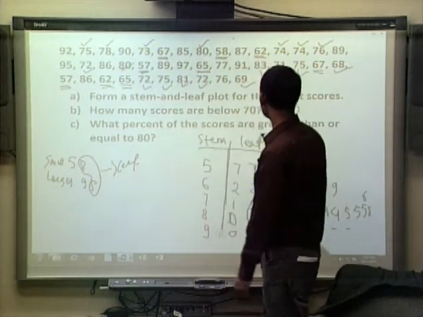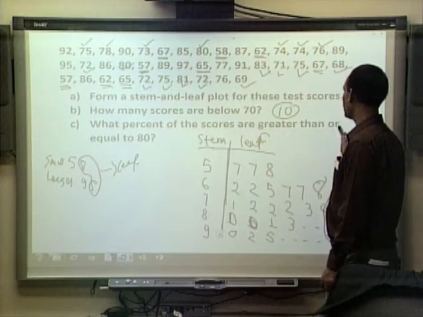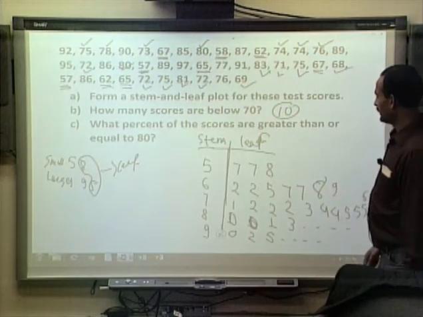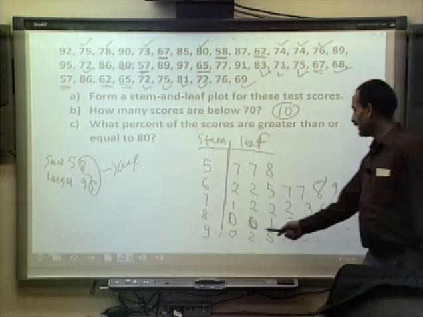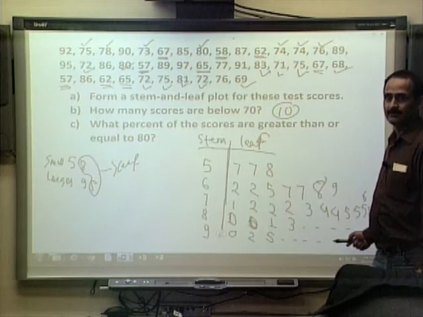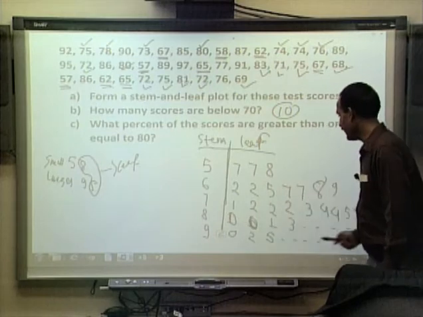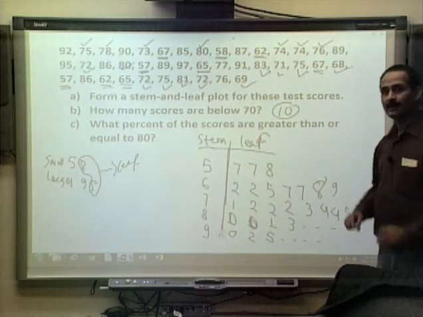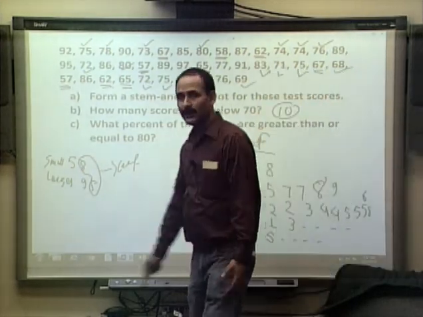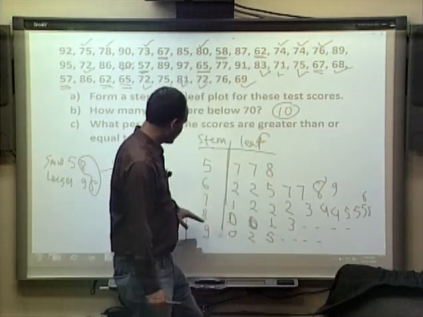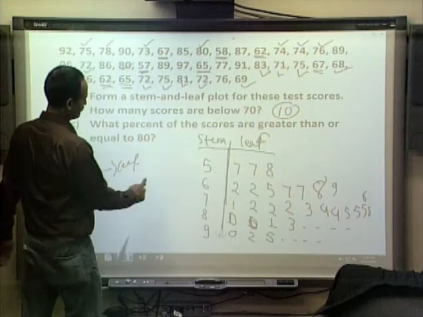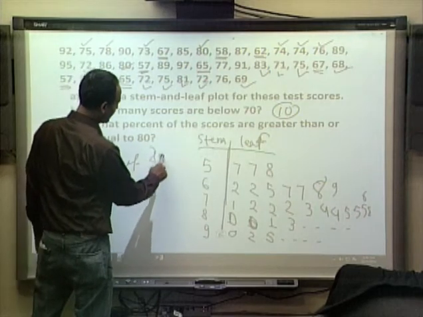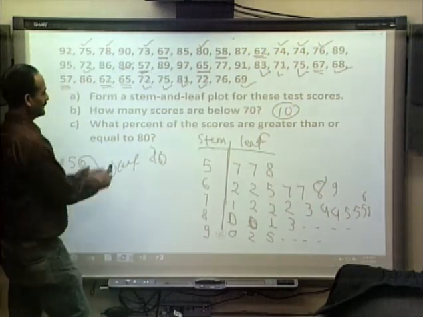What percent of the scores are greater than or equal to 80? Greater than or equal to 80 means we have to count how many here and how many here. Let us say the total number of observations in the line of 8 and 9 is 20, then it is asking for percentage.